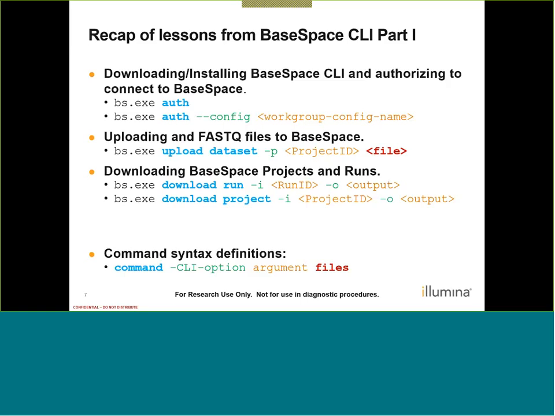The things in bold blue there are the command and the entity that the command is being run on. The things in green are the CLI options, so options that the blue command expects or can ingest. The things in orange are the arguments that are passed to those options that are then brought to the BaseSpace CLI command. And then files that we're working with, uploading or downloading, are going to be in red just to separate them out from everything else.